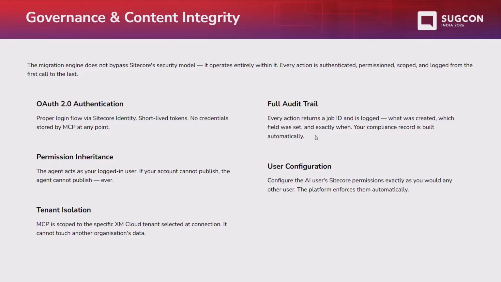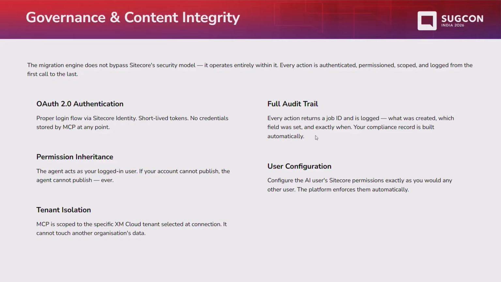Tenant isolation: MCP is scoped to the specific tenant. That means, if you have seen, you have access to two of the tenants, but the actions I will be performing right now will be specific to one tenant, that is the demo portal tenant. So it won't be that you're doing actions in one tenant and it goes into the other tenant. That's not happening.